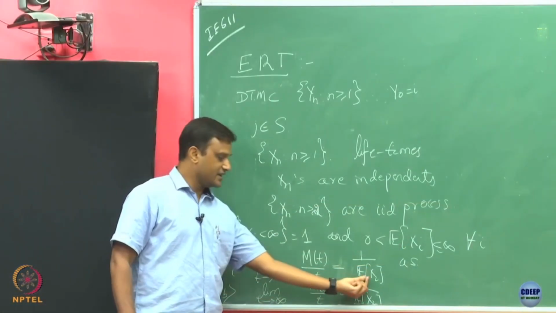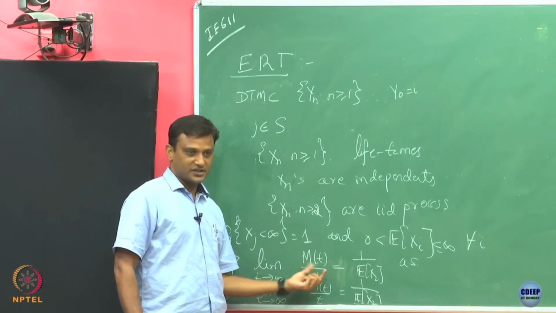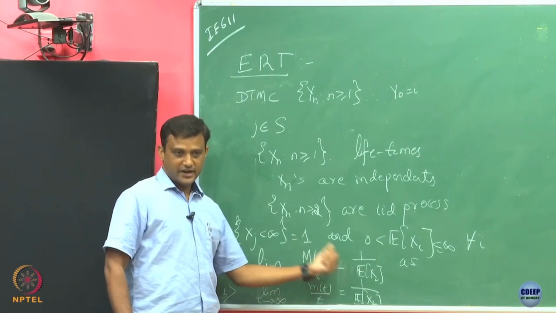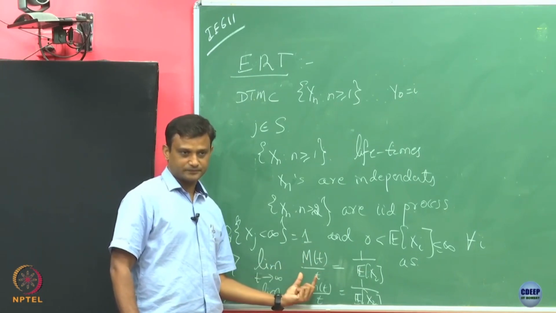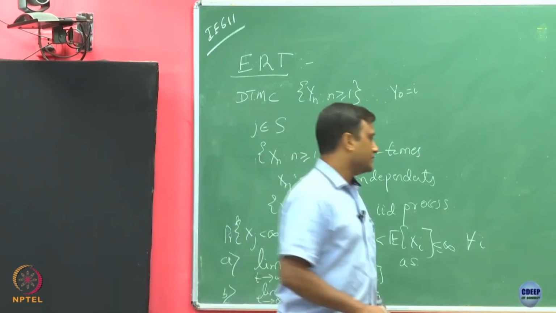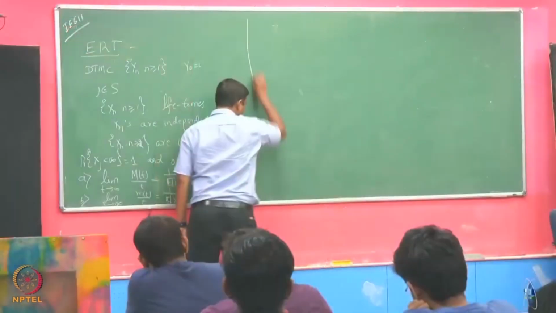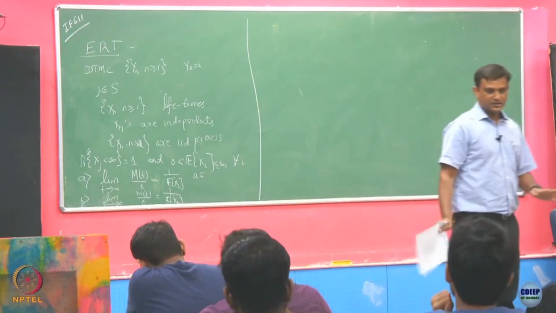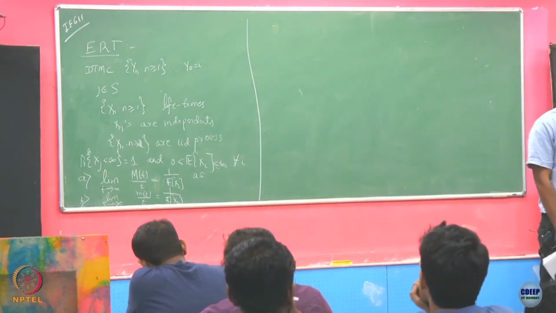If this guy is large, this guy is small. This is because this is the average number of renewals in the interval 0 to t. Okay, fine. We said we will not go into the proof of this, but let us take it. We understand intuitively that this should be correct.